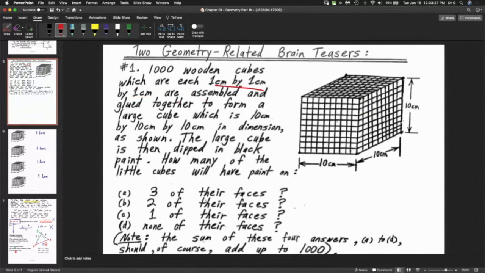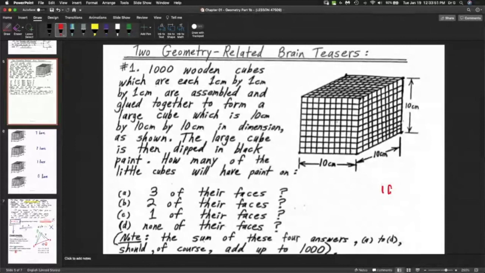I'm just going to say 1 by 1 by 1. This large cube is all of those little cubes put together. So how many little cubes are there in total?